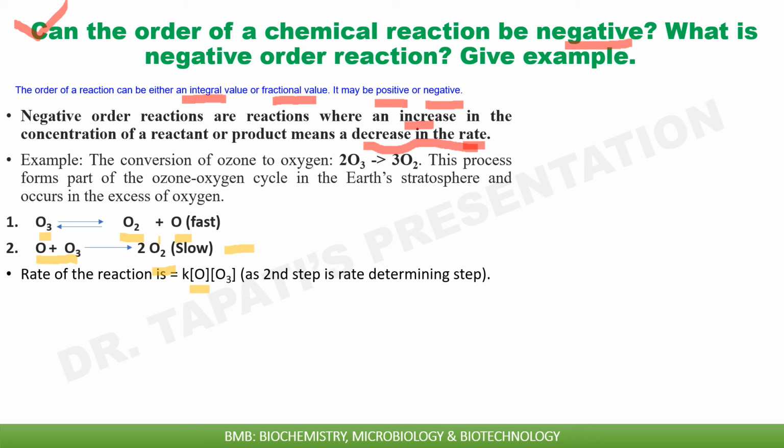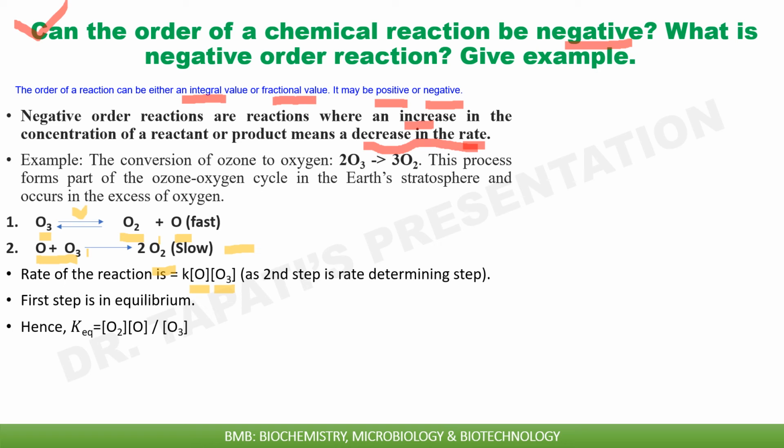So, rate of the reaction is K into O concentration into O3 concentration, because second step is the rate determining step. But first step is in equilibrium. You can see that it is in equilibrium.